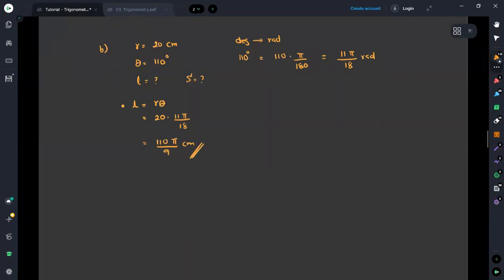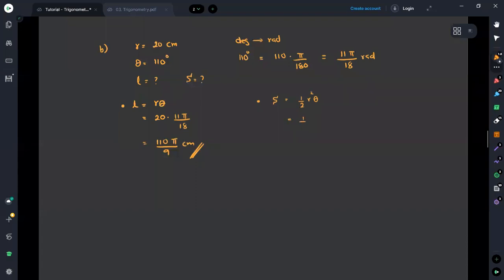Since the length is asked, we take the length as 110π/9. Using the equation for the area of the sector, S is half times r squared times theta.